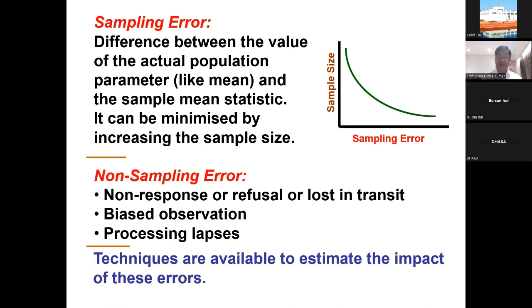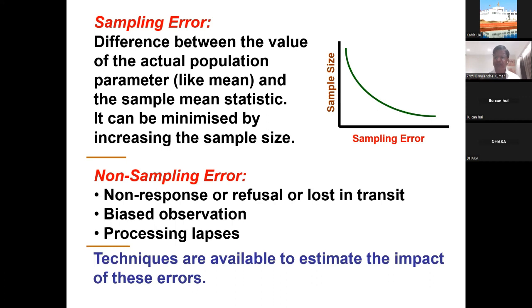Just opposite of sampling error, there are non-sampling errors also, because sometimes there is a refusal or non-response of the people, or sometimes the researcher is biased and has already taken in mind that these 15 or 20 families have this type of observations; this is called biased observations.